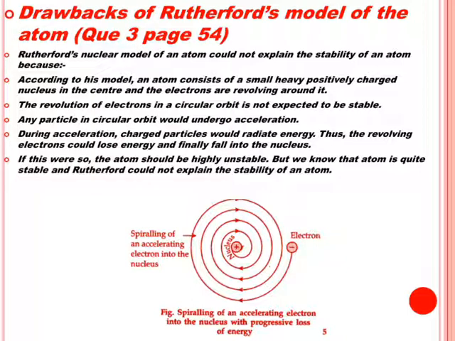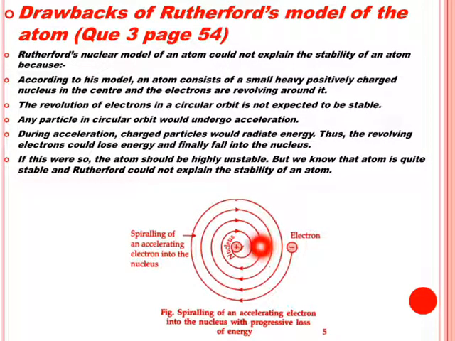Rutherford's nuclear model of an atom could not explain the stability of an atom, because according to his model, an atom consists of a small, heavy positively charged nucleus in the center and negatively charged electrons revolve around it. The revolution of electrons in a circular orbit is not expected to be stable.